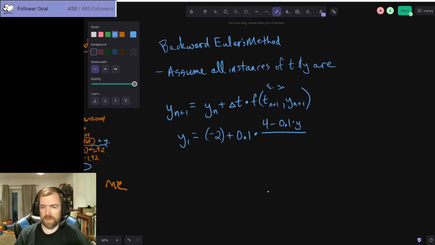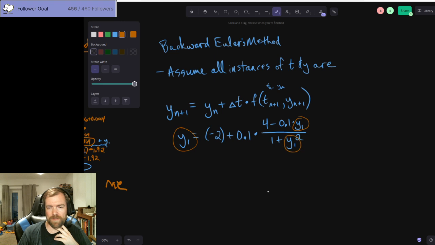And then we do times y sub 1, and then put that over 1 plus y sub 1 squared. So this becomes a little weird, because now we've got instances of y sub 1 scattered throughout the whole thing.